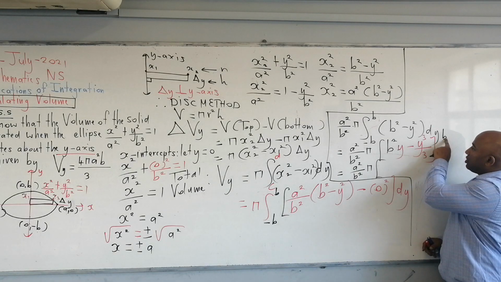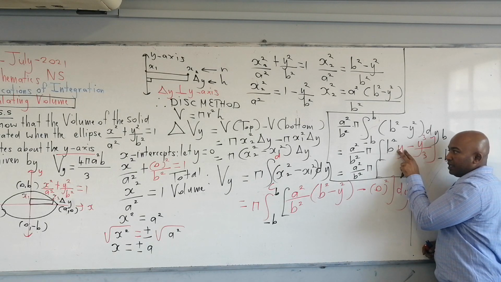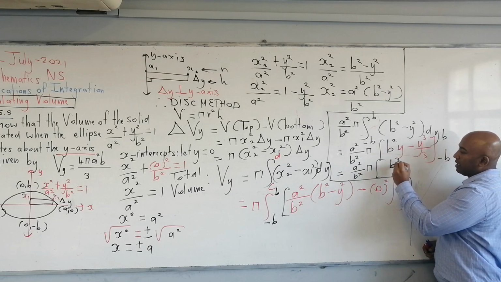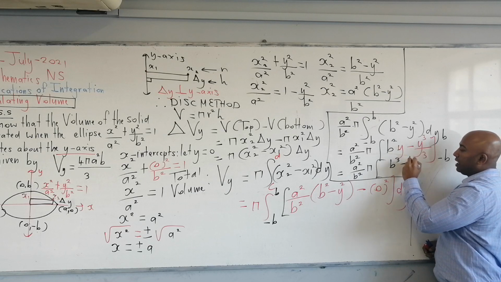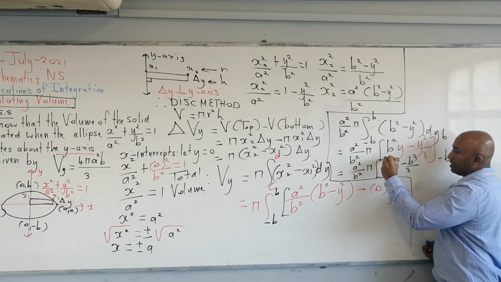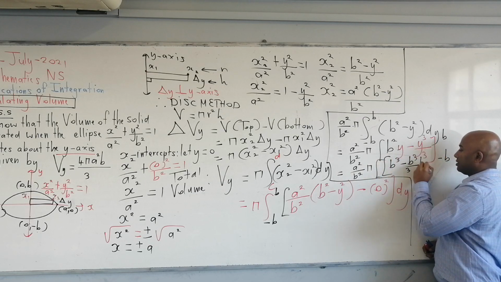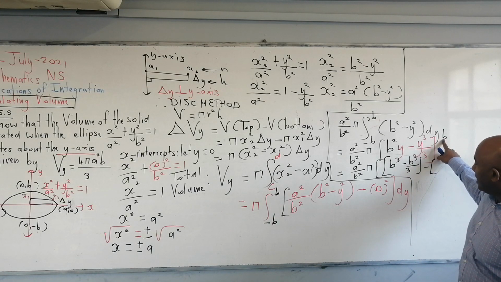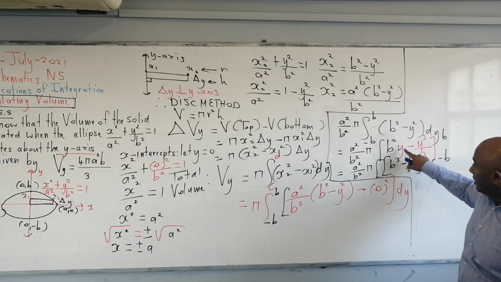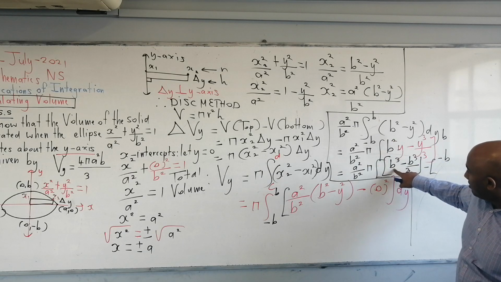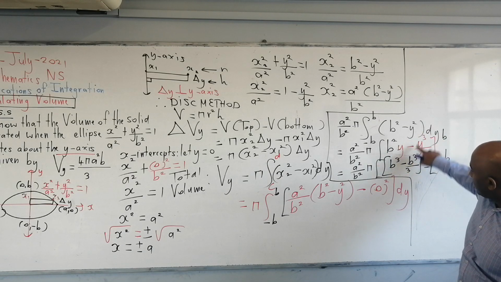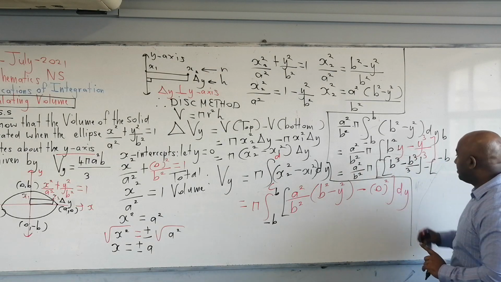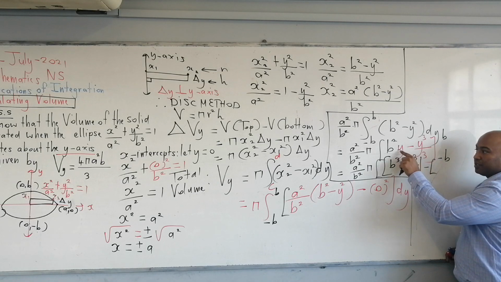So when I substitute b here, b times b squared will give you b cubed minus b to the power 3 over 3. Let me just repeat what just happened there. I am substituting b in place of y. So b times b squared will be b cubed. I substituted the upper limit, put down the minus sign, substitute the lower limit.